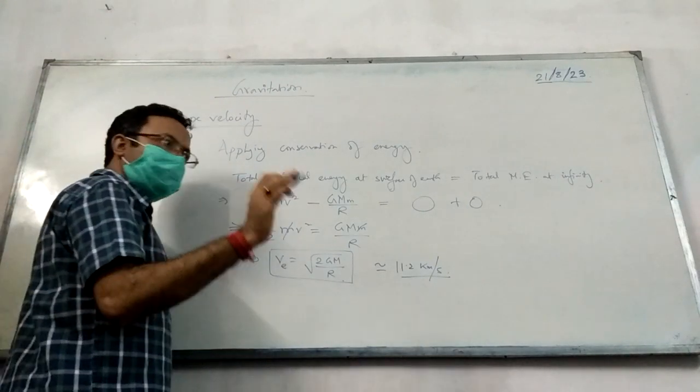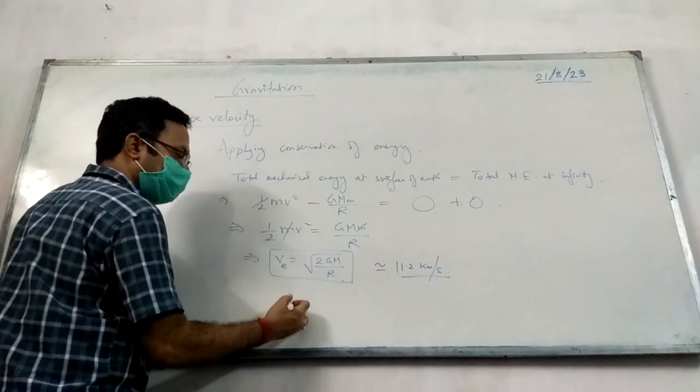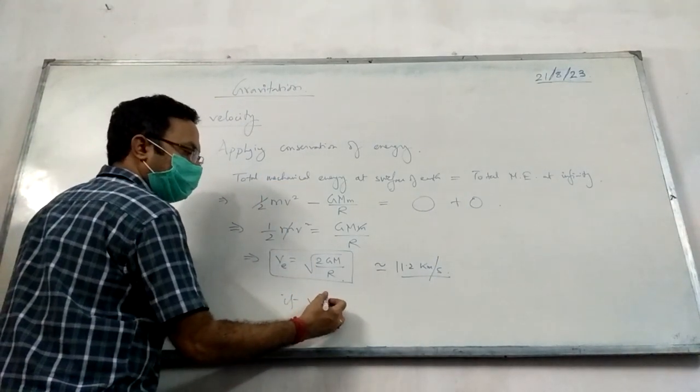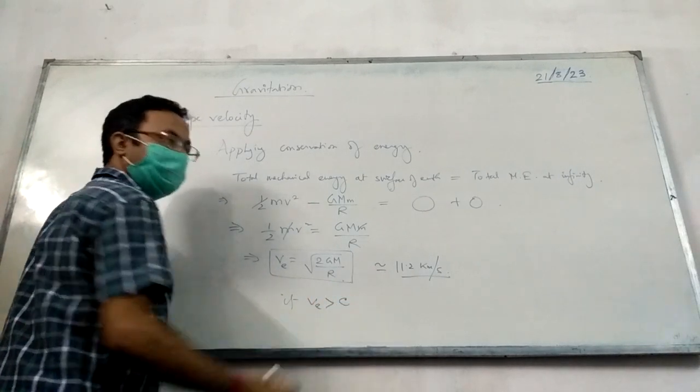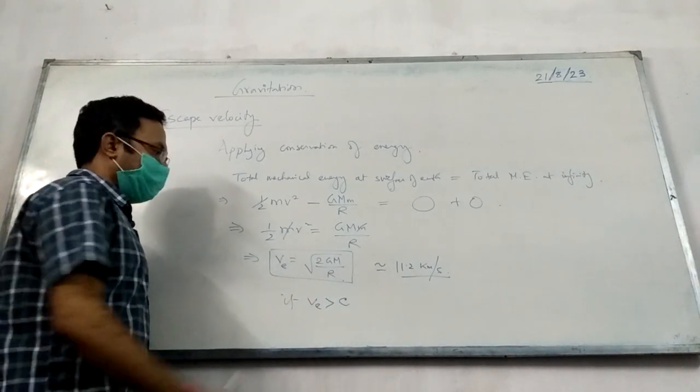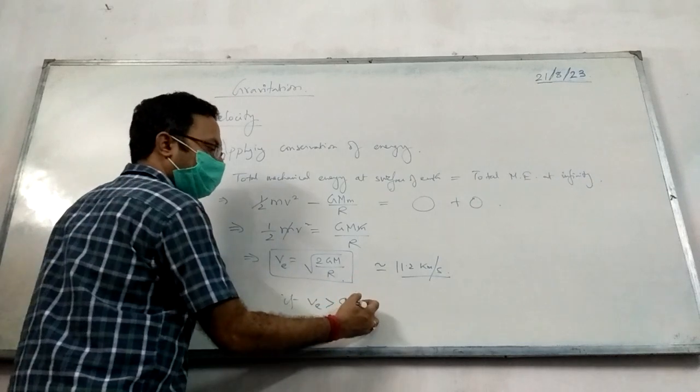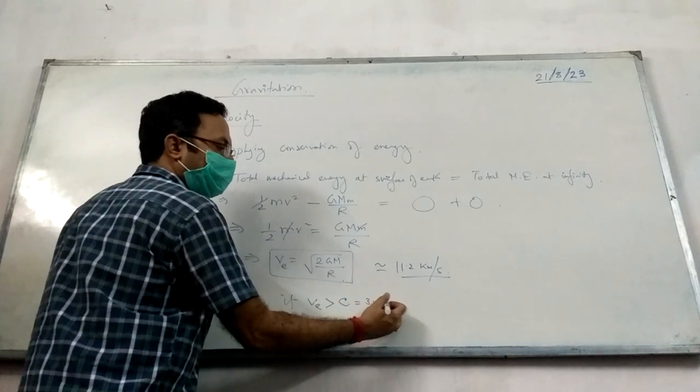If such a situation occurs that escape velocity becomes greater than c, you know, c is what? Speed of light. 3 into 10 to the power 8.